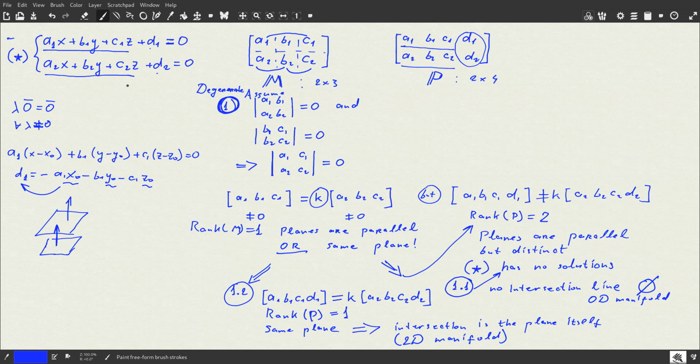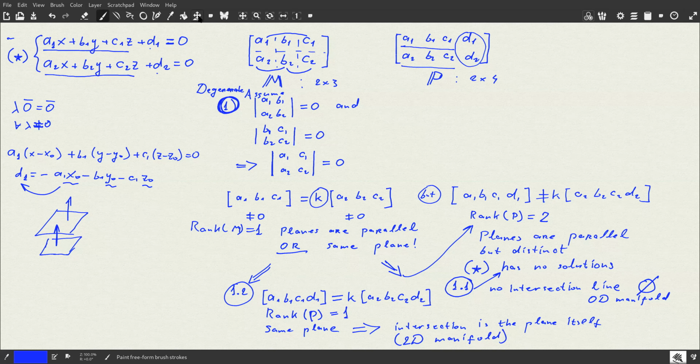So basically, we can, for example, take any arbitrary value of z, provided that the a1, b1, a2, b2 minor is non-degenerate, and then with that given value of z, solve for x and y, and we get that single point of intersection.